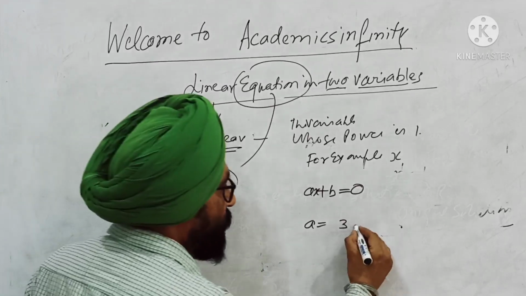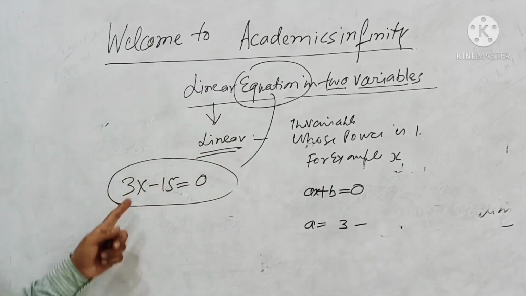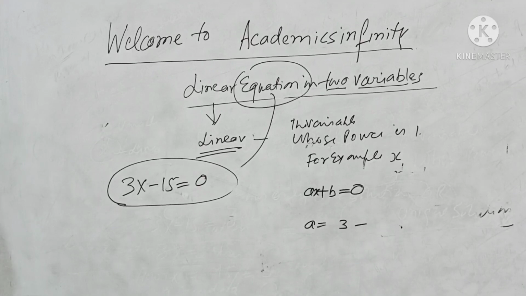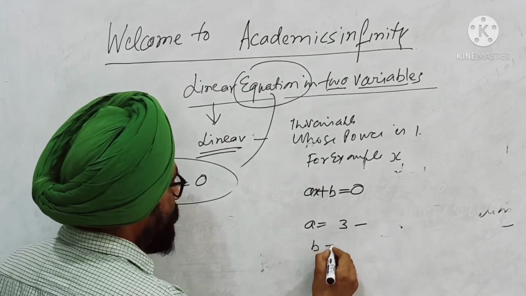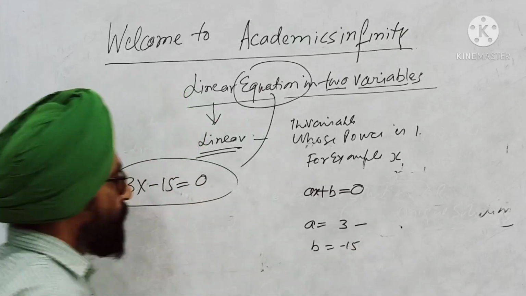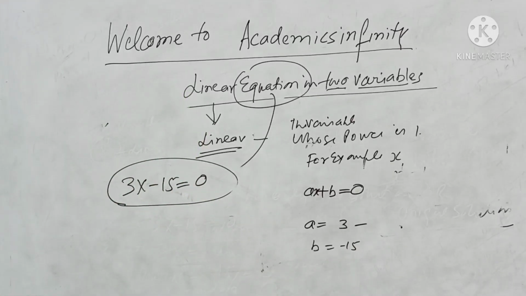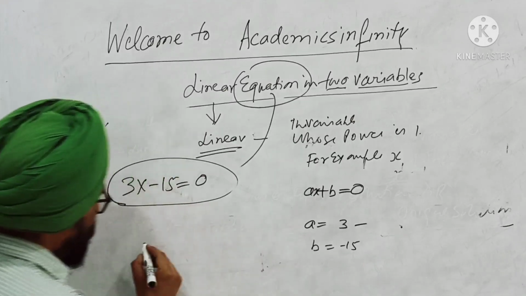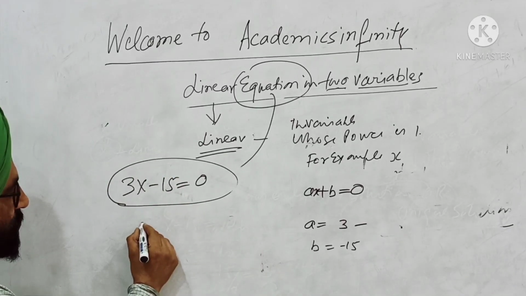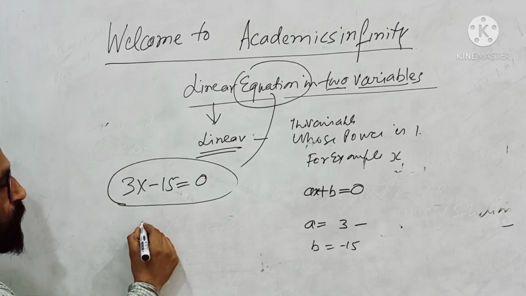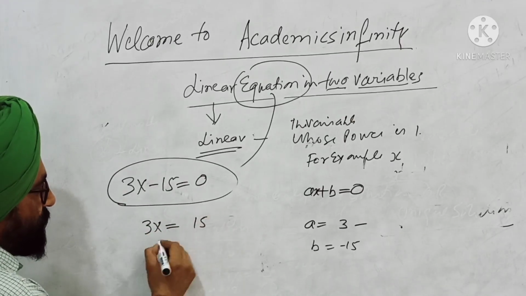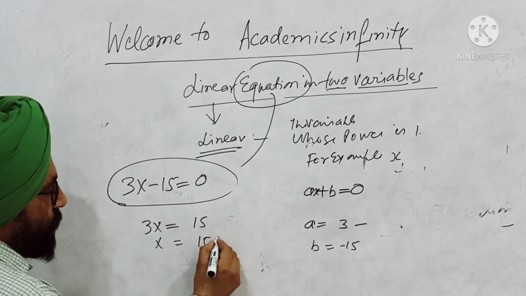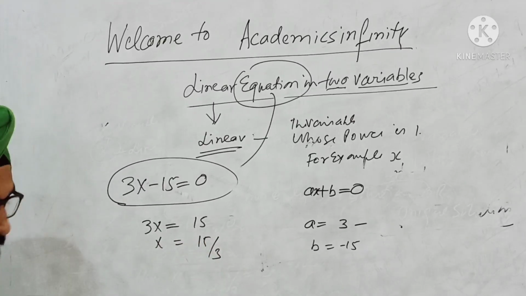Here the 3 is the coefficient of x. b = -15. Here it is a constant. And we already discussed how to get the value of x: 15/3, that is 5. Fine.